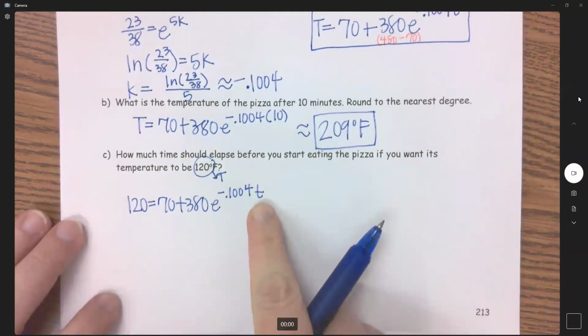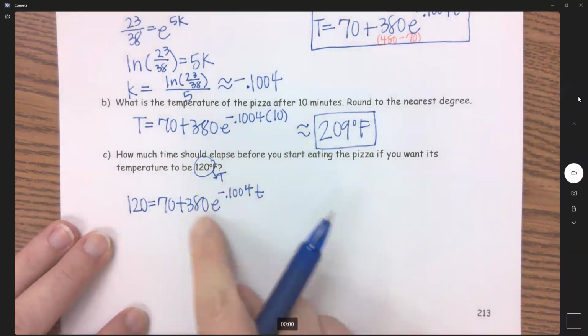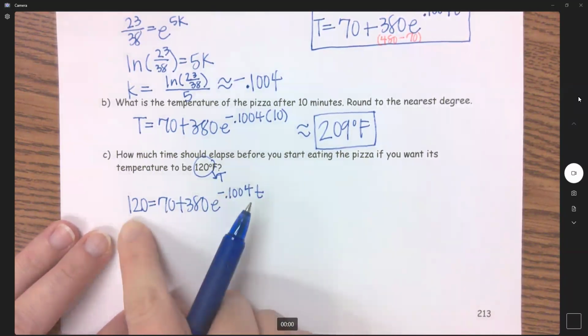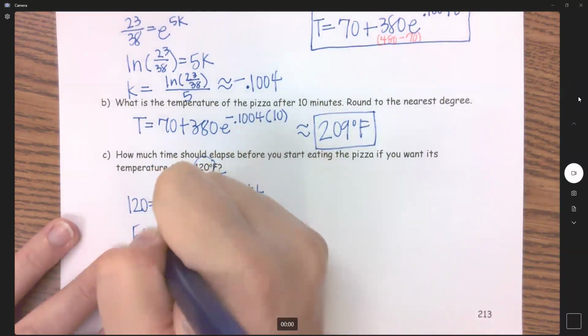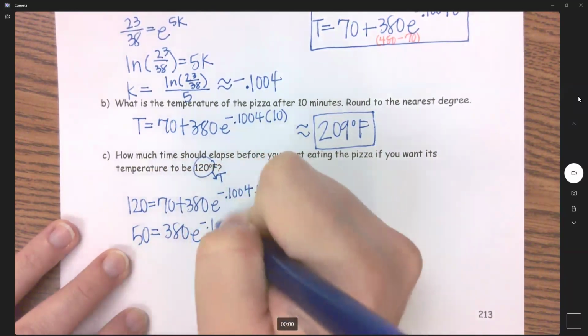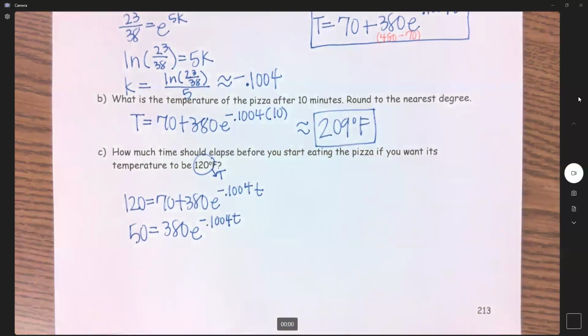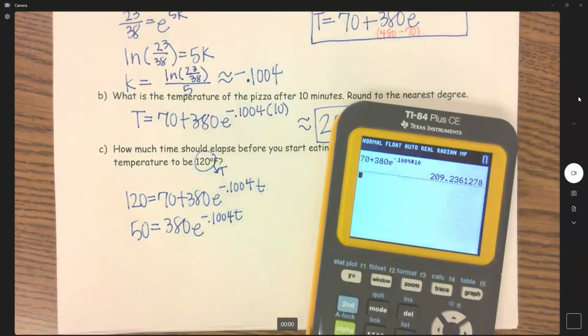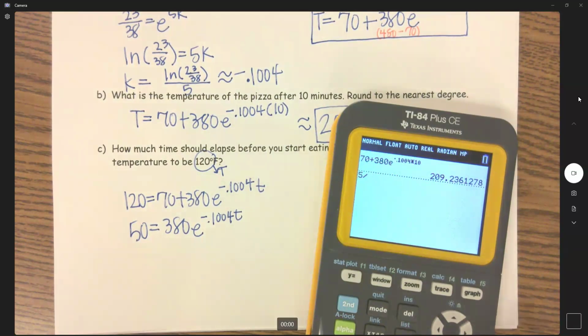So to solve for this t, first we need to isolate the exponential. This e right here is my only exponential portion. So first I need to subtract over 70. And now divide that 380 over. Okay, I can't use a decimal there, so I will convert to a fraction.